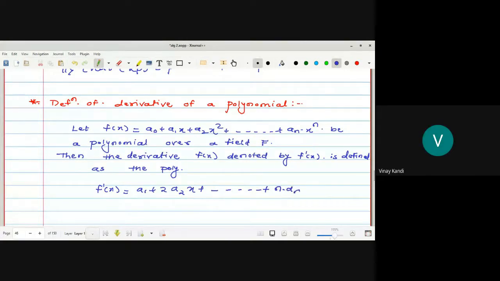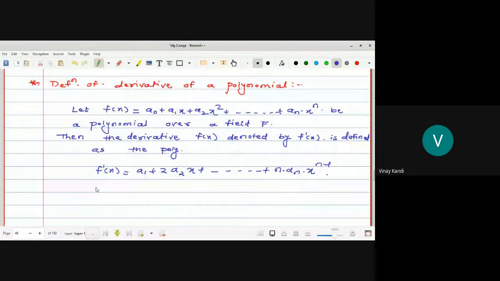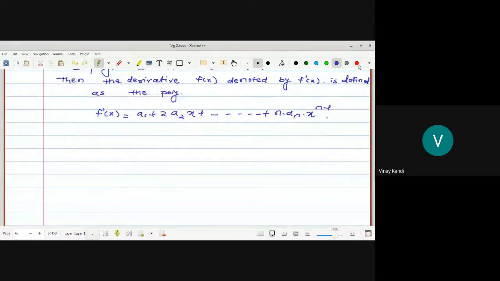So this is the derivative of a polynomial. Any doubt up to here?